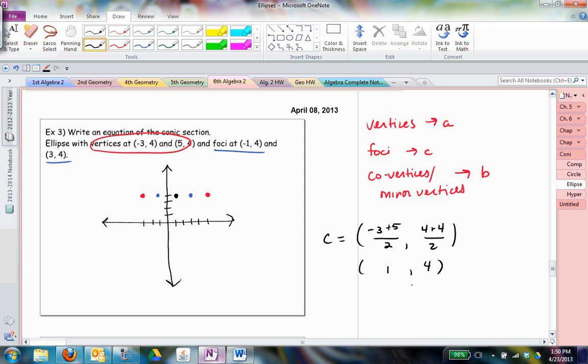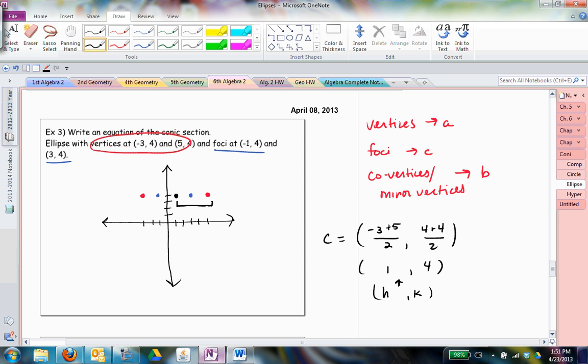So we have our center. We now need A and B values to complete. So our center gives us H and K. Now we need A and B. Well, the vertices already tell us our A value. If we look on our graph, the distance from our center to one vertex is our A value.